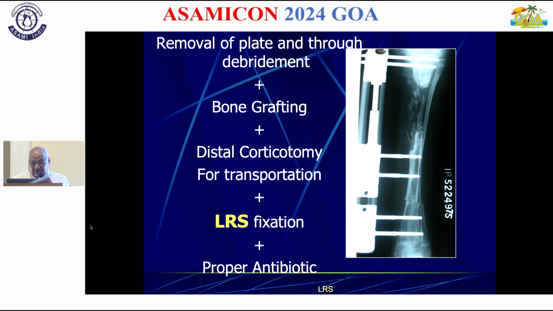So what we did, we have done a thorough debridement. We have removed the plate and removed all the granulation tissue and soft tissue which was badly stuck up there. And then distal corticotomy and transportation we have done.